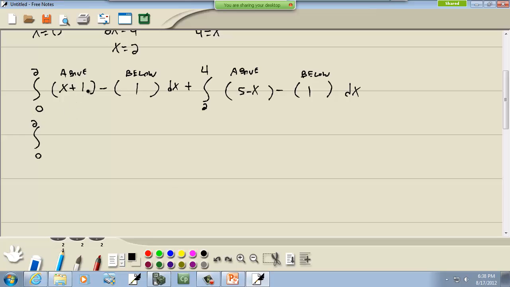Okay, so the 1 minus 1 drops away, so this just gives us x dx. And this one here, we got a negative x, and this is a minus 1, so 5 minus 1 gives us 4 dx. So we'll add 1 to our power, divide by our new power.